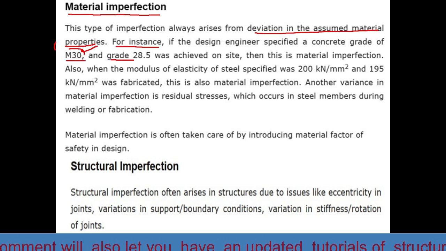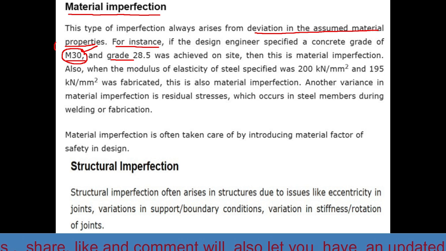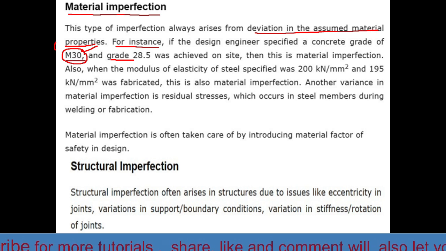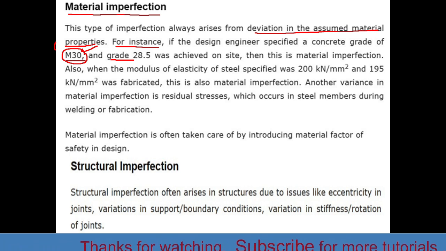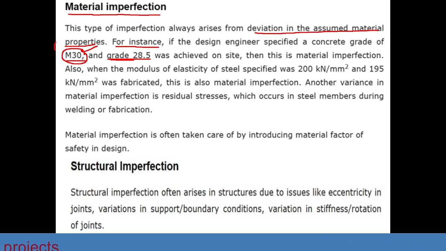Actually, if we use an M30 design, then during construction we should use M30 grade of concrete. But unfortunately, the grade of concrete comes out at 28.5 megapascal.